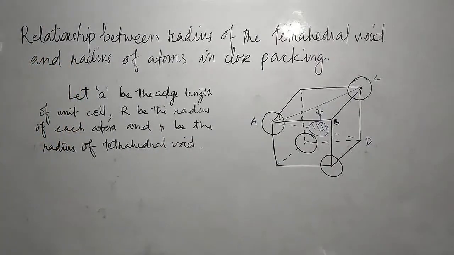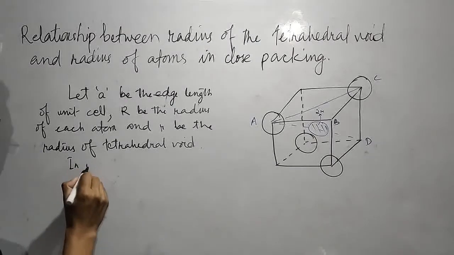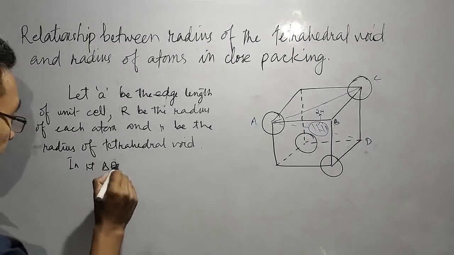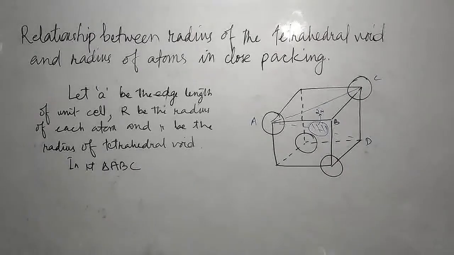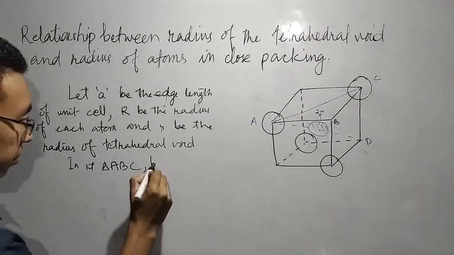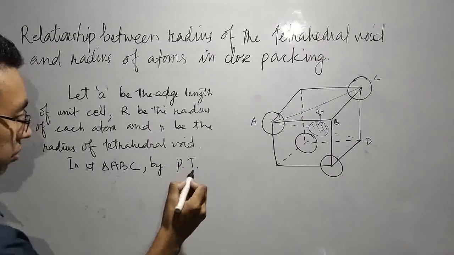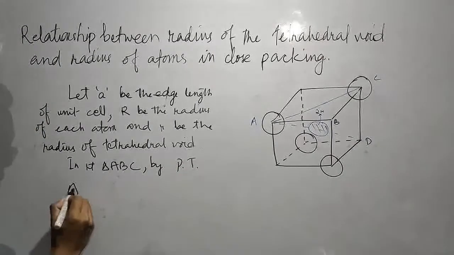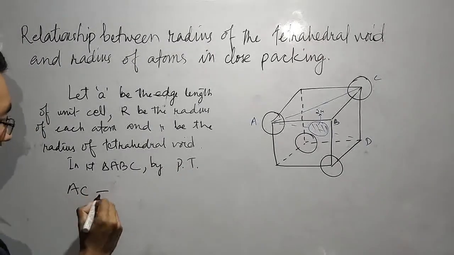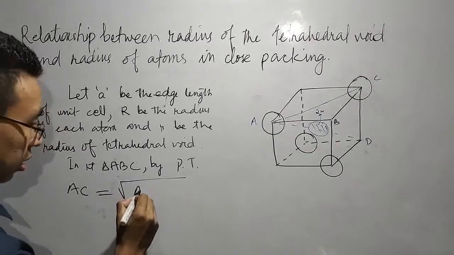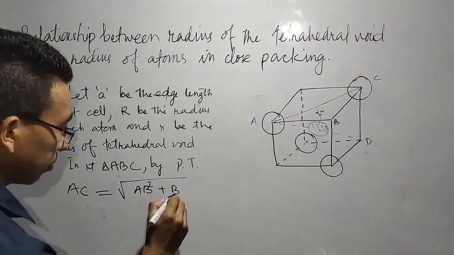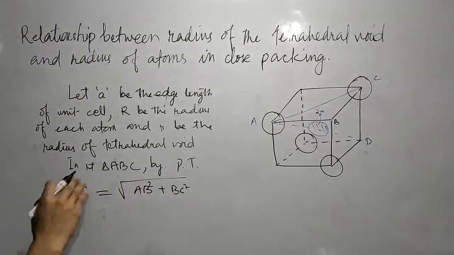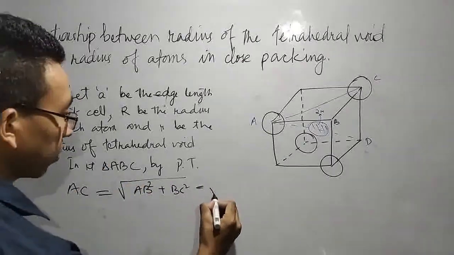Now let us see in right angle triangle ABC. In right triangle ABC, by Pythagoras theorem, AC squared equals AB squared plus BC squared, or AC equals root over AB squared plus BC squared.